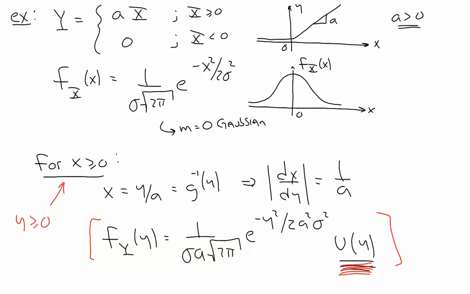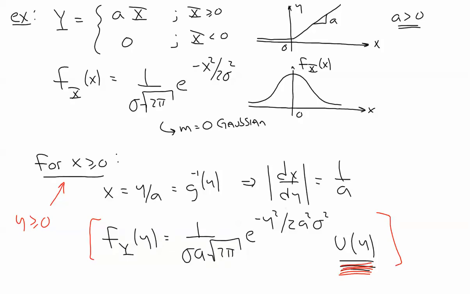What about the lower region? Well, very simply, by symmetry of the problem, go back and take a look at this. By symmetry of the problem, x is 50% of the time less than 0. So 50% of the time, y is 0. Let's acknowledge that fact.